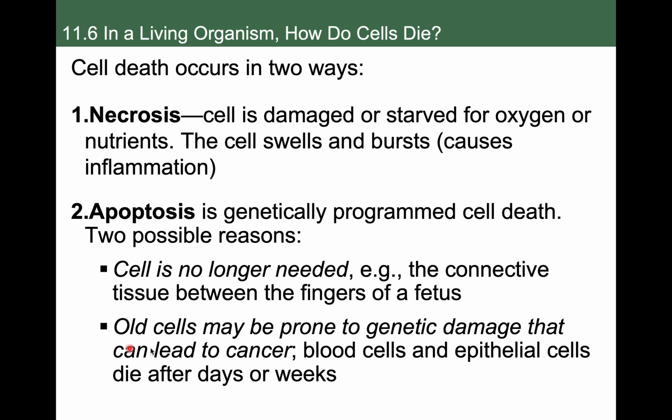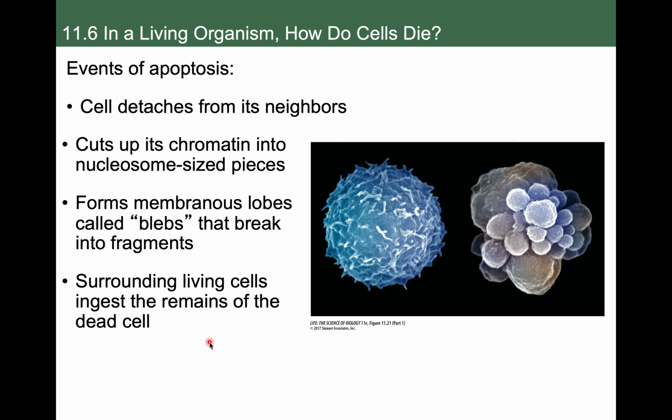Or it can also be used to get rid of old or damaged cells. Maybe a cell has lots of mutations or DNA damage. You could intentionally get rid of it by apoptosis so that it's not causing any potential problems. And this is what apoptosis looks like. The cell will basically detach from any neighboring cells it might have been connected to.